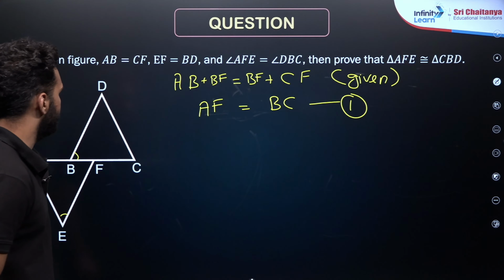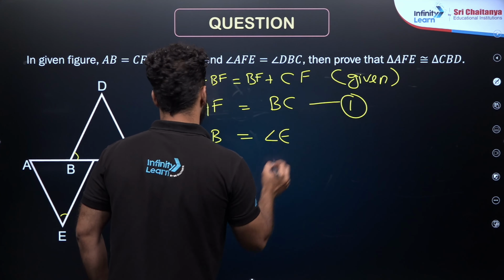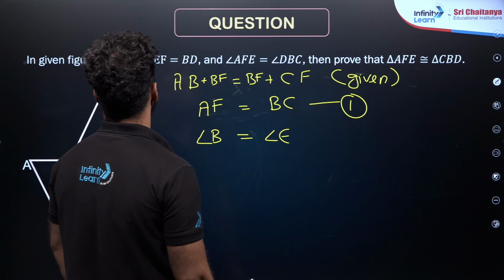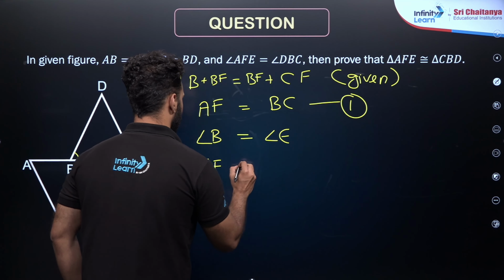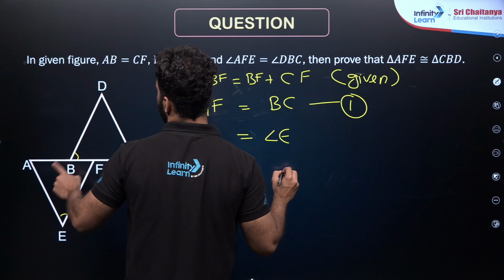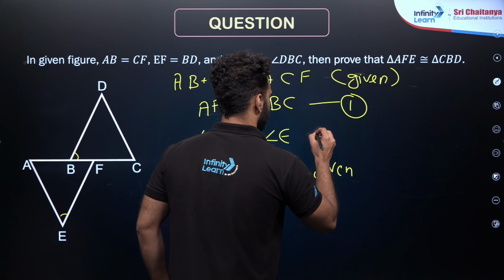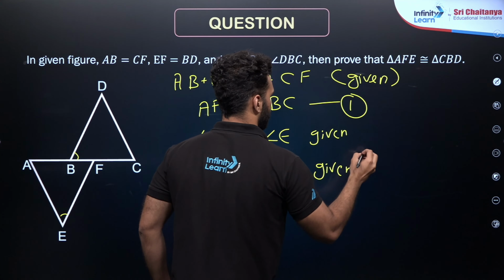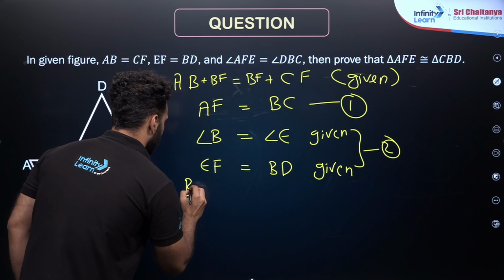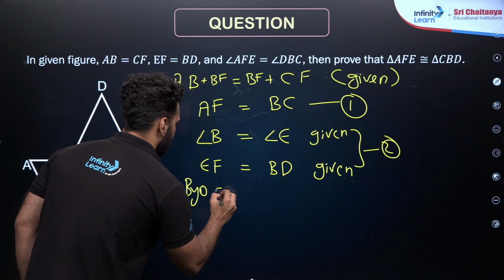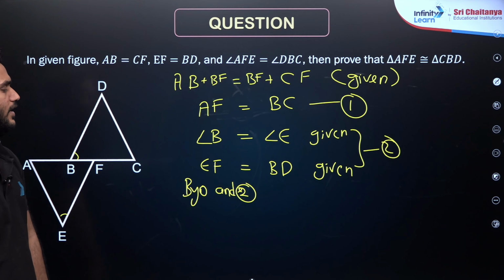Next, angle B is equal to angle E. It is given to us. And EF is equal to BD, given. Let's take this as 2. So by 1 and 2, what are we getting?